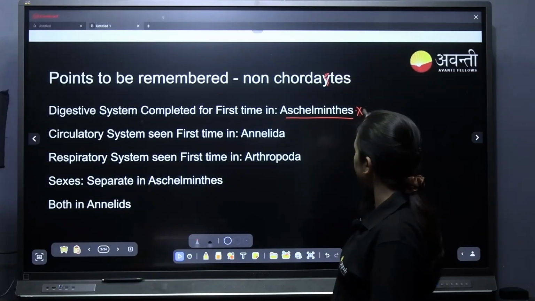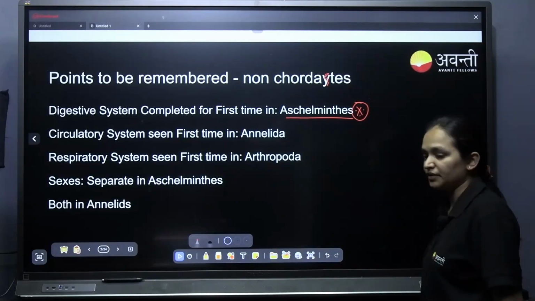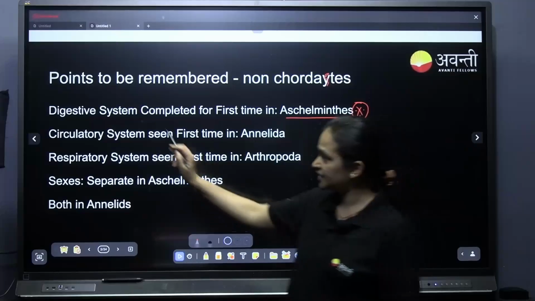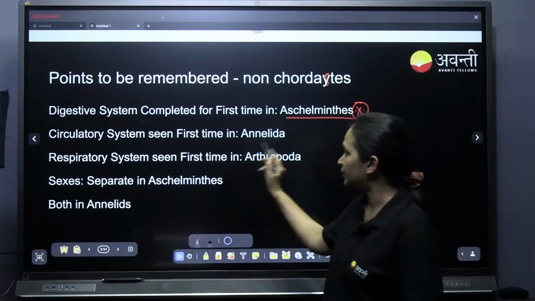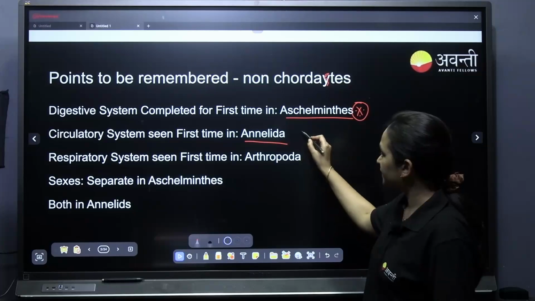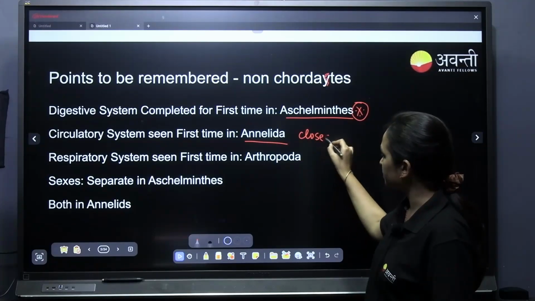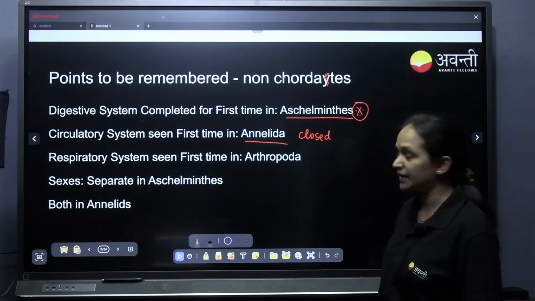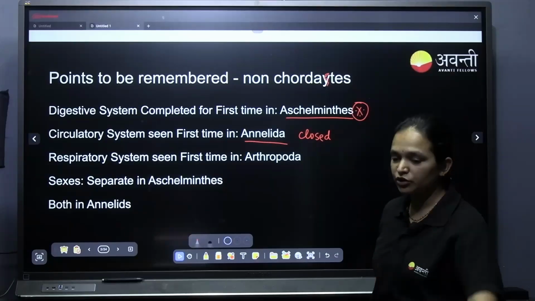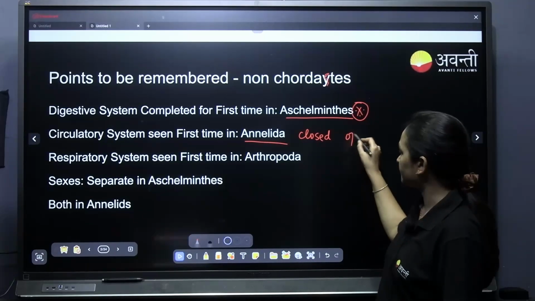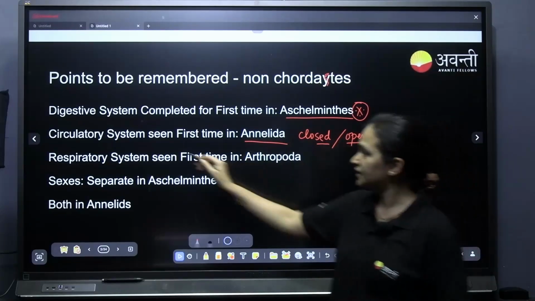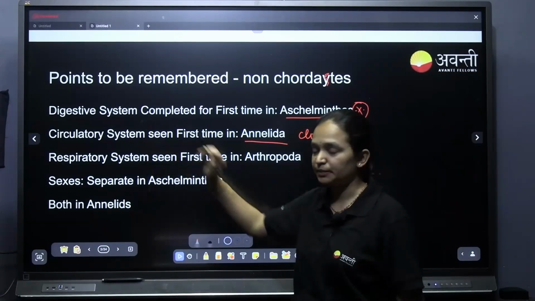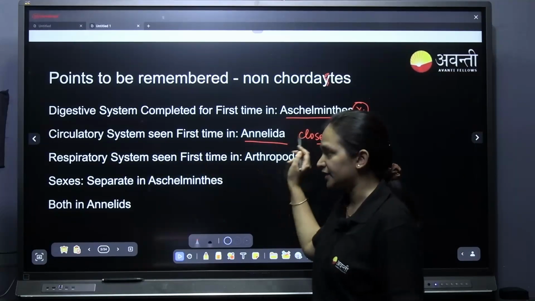This is very important; it came as a PYQ. And the first complete circulatory system we see in annelids. We can see the closed type of circulatory system in annelids, and in arthropods the open type. Whether closed or open, the circulatory system is present, and we first see it in annelids.